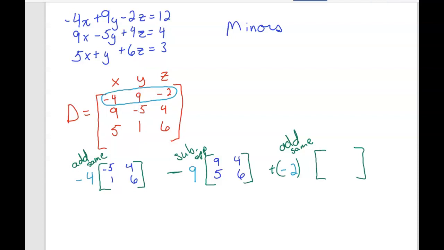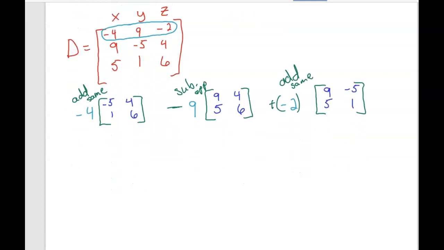Then I move to the -2, cross out its column and its row, and put in the leftovers there. 9, 5, -5, and 1. And so what we've done is we have created the minors.